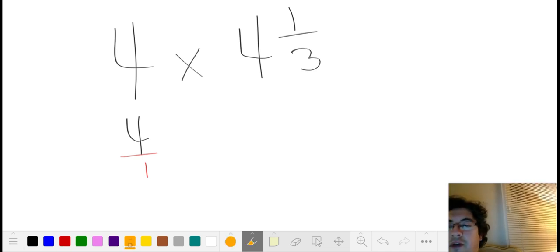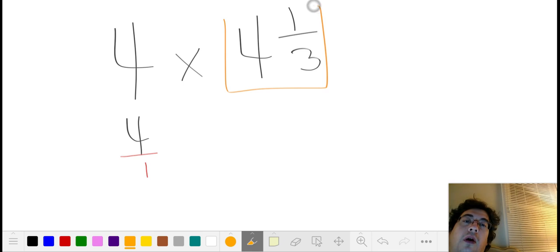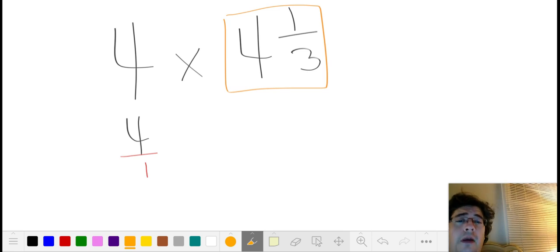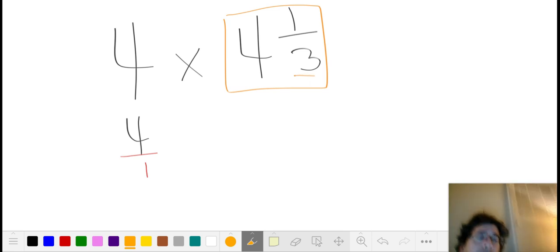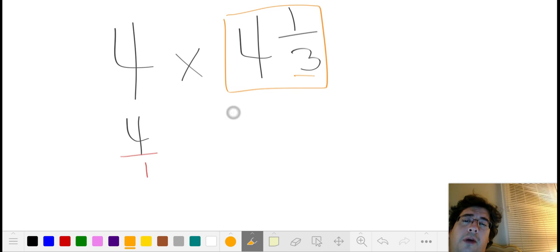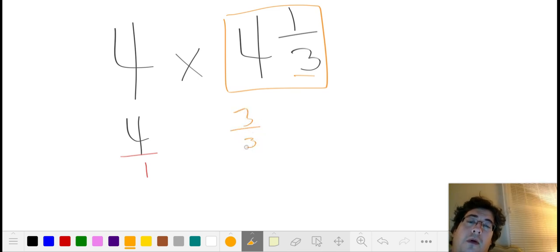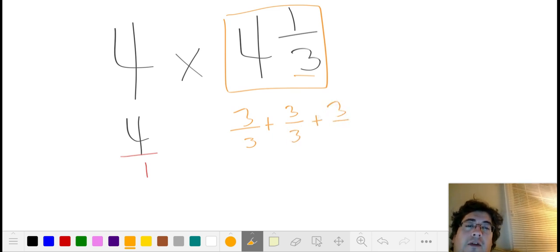And then let's focus our attention on turning this 4 and 1/3 into an improper fraction. So I have 4 wholes, and the denominator with this mixed number is 3. So I'm going to express 4 wholes as 4 3/3s added together.